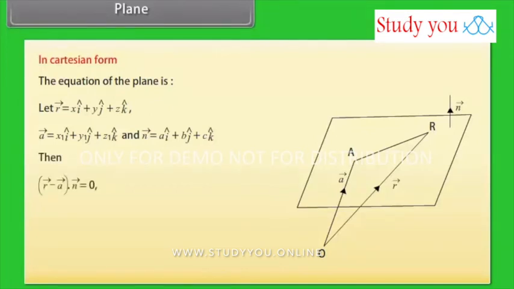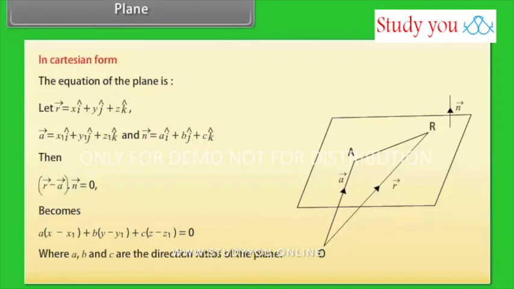Then, dot product of vector r minus vector a and vector n equals 0 becomes a into x minus x1 plus b into y minus y1 plus c into z minus z1 equals 0, where a, b, and c are the direction ratios of the plane.